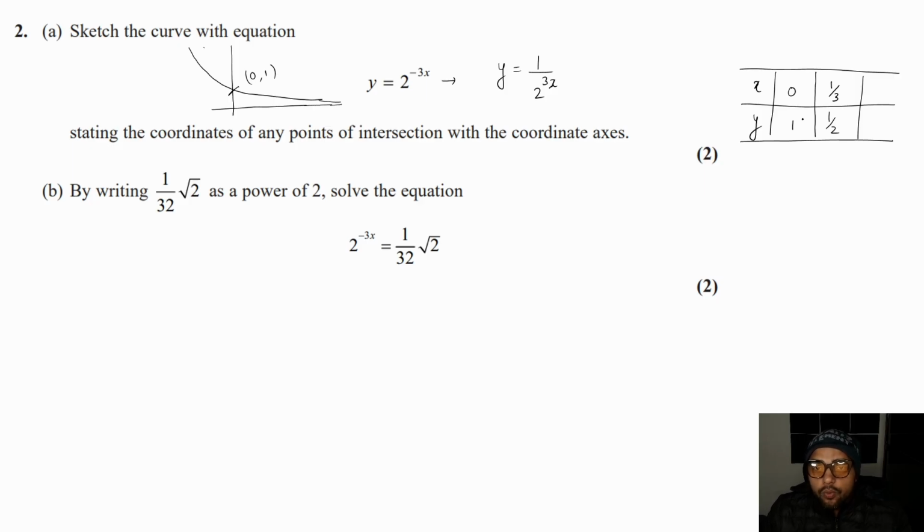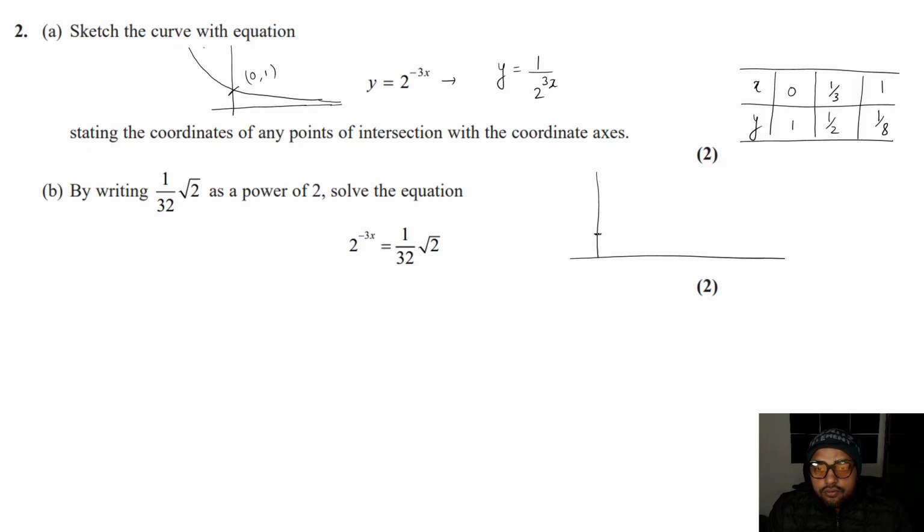Okay, now what we need to do, we can take one more value here, that is x equals to 1. So we'll get the y value equal to 1 by 8. Okay, so we plot these values.